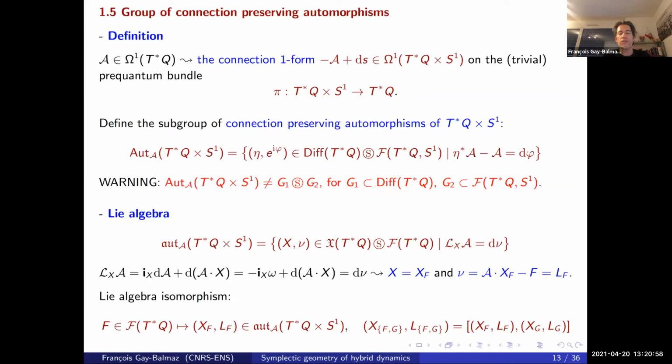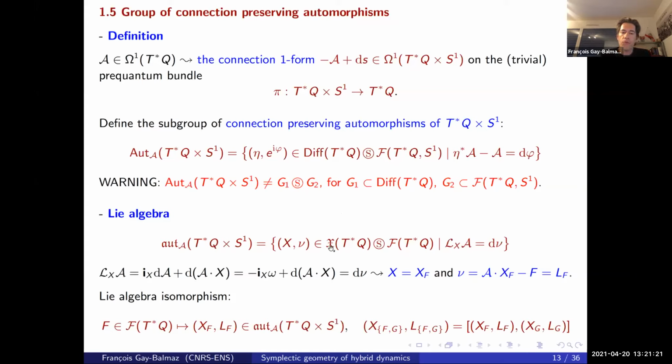So this is also known as the contactomorphism group or strict contact transformations, or just connection preserving, in our language. And observe that it's no longer a semi-direct product. It has a more complicated structure that I will explain later in more detail.